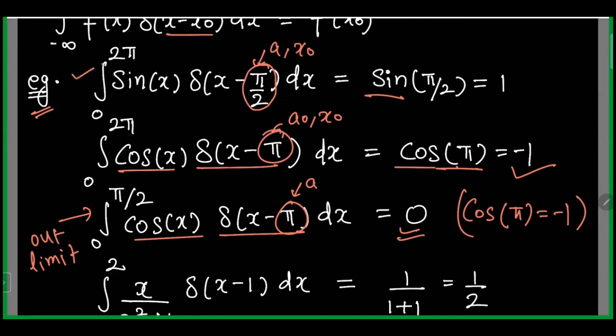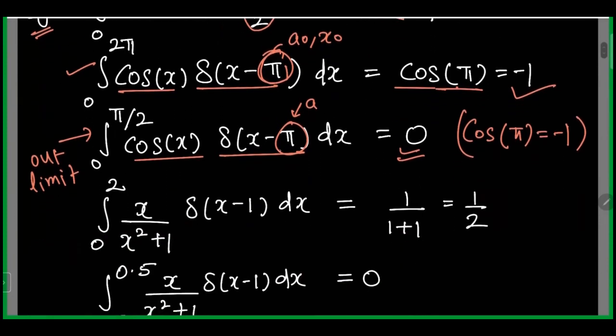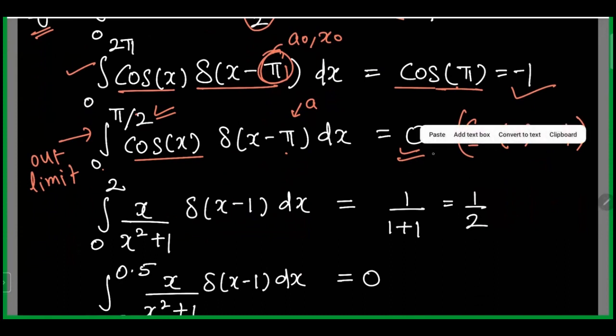In the second case, a was pi and it was inside the limits of 0 to 2 pi. In this third case, a is pi, but now your limits are from 0 to pi by 2, so pi is outside the limits. You cannot put pi in your function. You cannot say your answer is cos pi. Instead, your answer is 0. So always remember, whenever your a value is outside the limits, the answer of this integration will be 0.